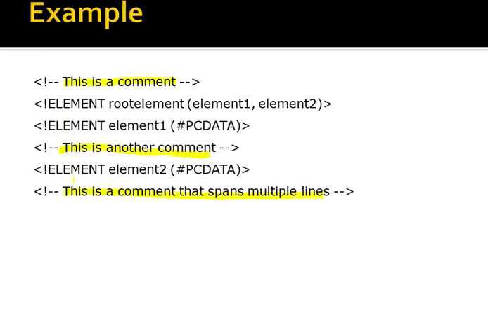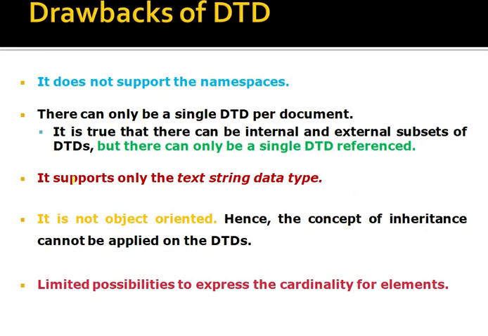So what are the drawbacks of DTD? DTD does not support namespaces. You cannot have namespaces in the DTD. There can only be a single DTD per document. That is another disadvantage.